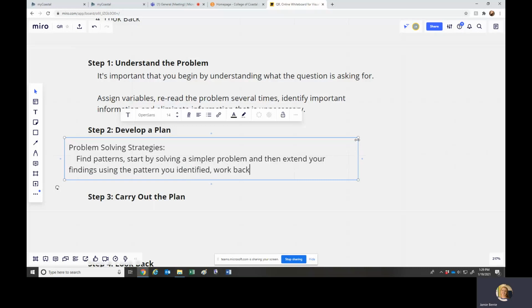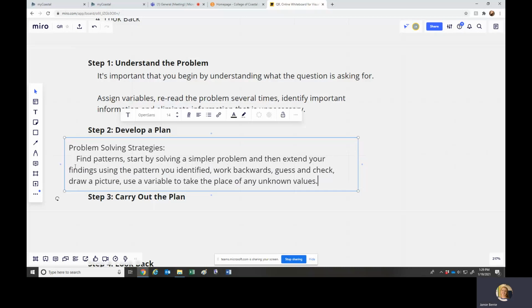You can try to work backwards. You can guess and check. So just think of some guesses for your answer. Once you have an idea of what the numbers should look like, then you can try to work backwards. You can draw a picture, or use a variable to take the place of any unknown values.